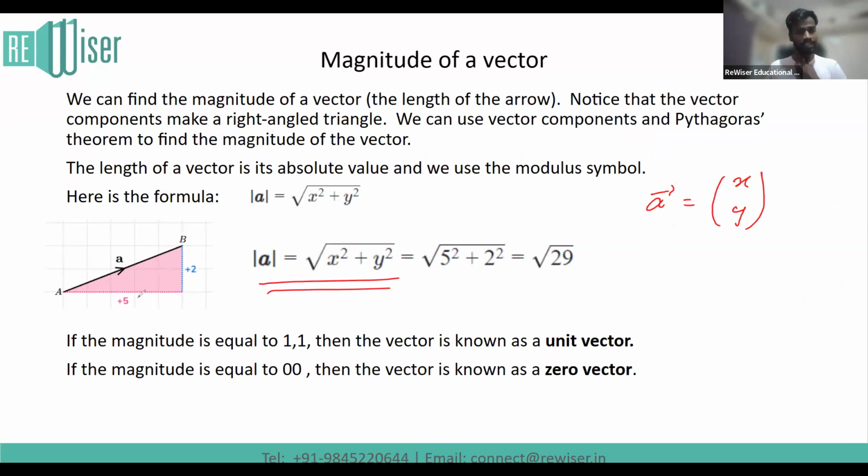If I have vector AB in the form of (5, 2), the magnitude of this vector is going to be square root of 5 squared plus 2 squared. So that's going to result in square root of 29. And whenever the magnitude of a vector is 1, we say that's a unit vector. And whenever the magnitude is 0, we call that a zero vector.